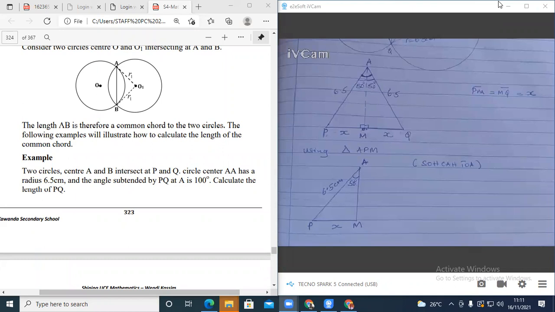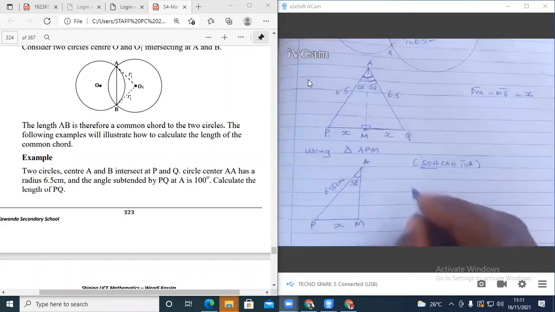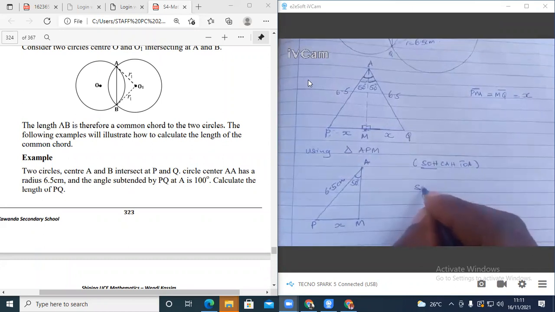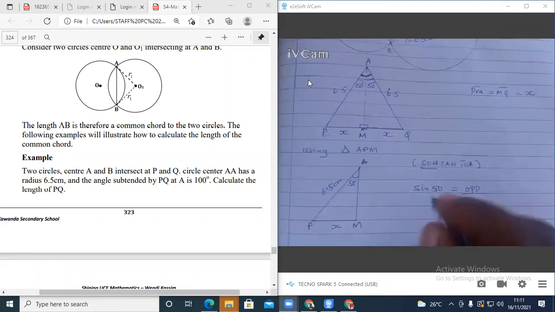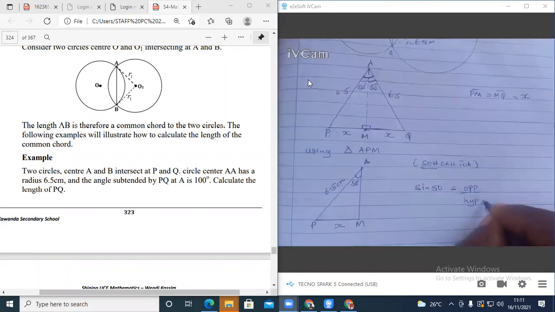Members, are you eating? What should I use to find X? Sine. We use sine. Yes. So sine 50 equals the opposite over the what? The hypotenuse. Correct.